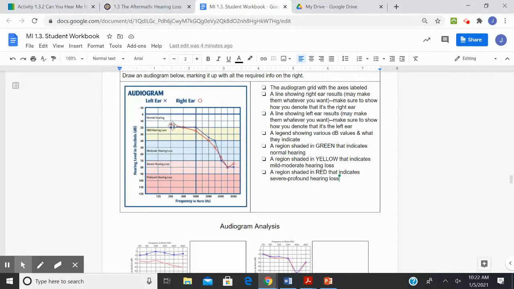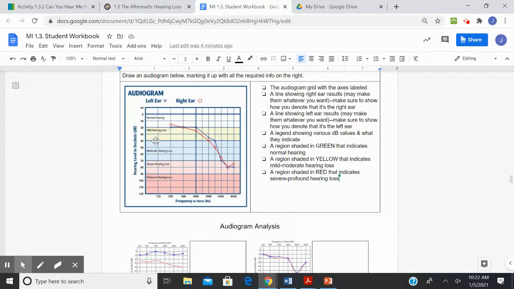If someone can't hear it until, let's say, this person could hear at this frequency of 250, they could hear that tone between 10 and 20. That would be normal hearing. If you can't hear it until between 20 and 40, that'd be mild hearing loss. That would fit this person in these mid-range frequencies of 1,000 to 2,000. So in the mid-range frequencies they would have mild hearing loss.